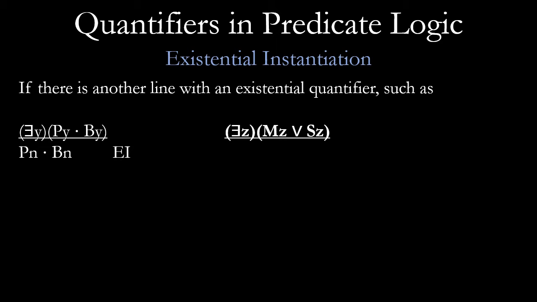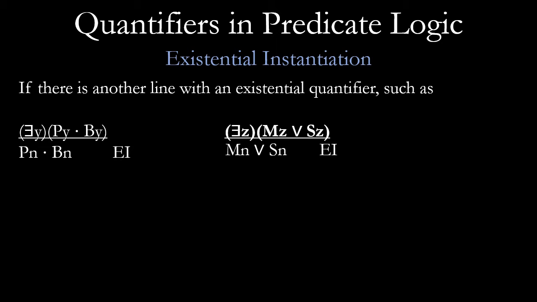Well, we may be tempted to use the same letter, right? If we accidentally use the same letter or if we intend to use the same letter, this is actually problematic because now this new line and this new example of instantiation is, by accident or by purpose, but not by any kind of valid logical deduction, using the same constant as the previous line had done.